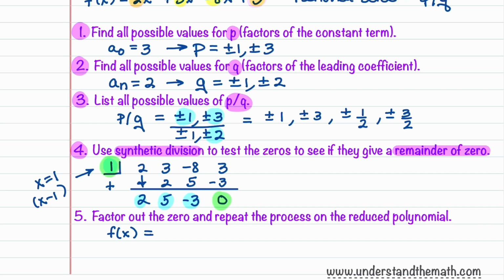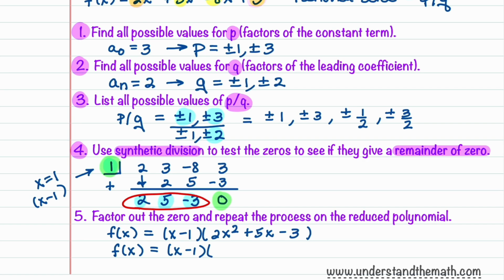Our f of x is equal to x minus 1, and then what we have left comes from these coefficients right here. It's going to be a quadratic because we started with a cubic, so the power of 2 is 1 less than the power of 3, and this gives us 2x squared plus 5x minus 3. Now that's a quadratic, which means we can factor it. I'm going to go ahead and factor it using trial and error.